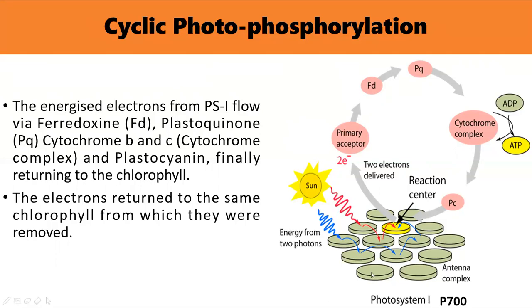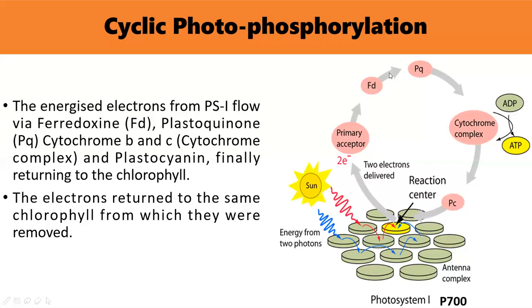When photosystem 1 absorbs light energy from the sun, all these accessory pigments transfer their light energy to this reaction center. When this reaction center gets the light energy, automatically the energized electrons from its outer orbit come out and pass through different electron acceptors.